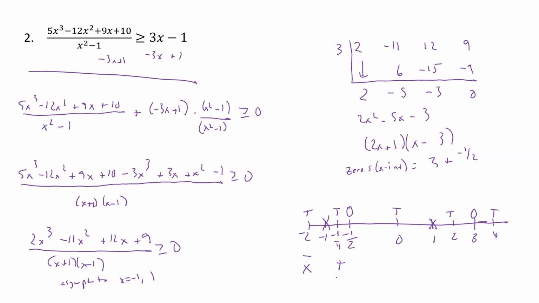It's going to alternate positive, negative, positive, negative. And then if we plug 0 in, well, that's going to be a 9 over a negative 1, so that's a negative, and so we don't want that one.